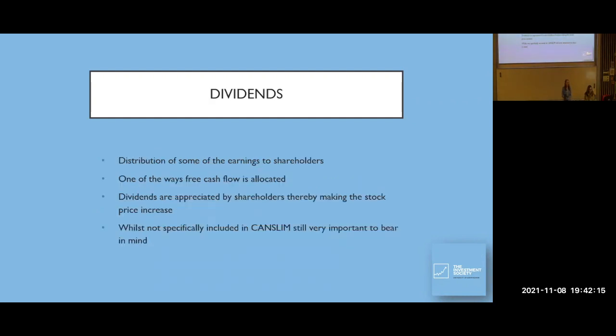Dividends. So does anybody know what a dividend is? Okay, so a dividend is a distribution of some of the earnings to shareholders. This is a really great way for companies to be allocating their free cash flow, and the share price reflects that they have the dividends, because it is something that shareholders value greatly.